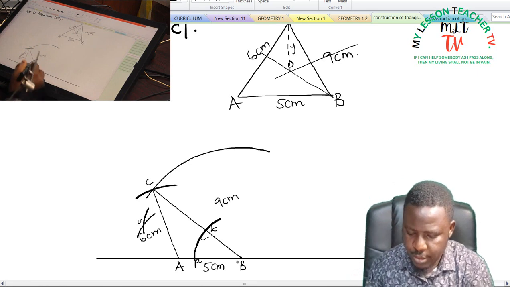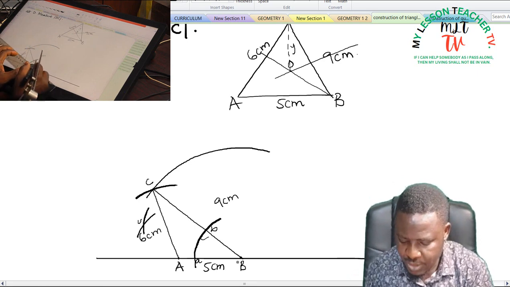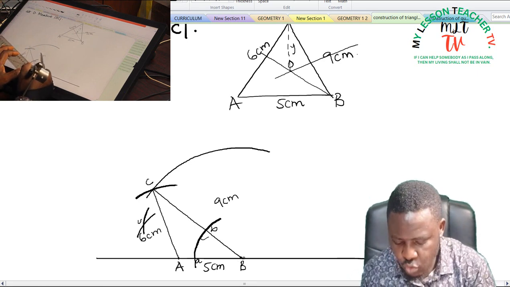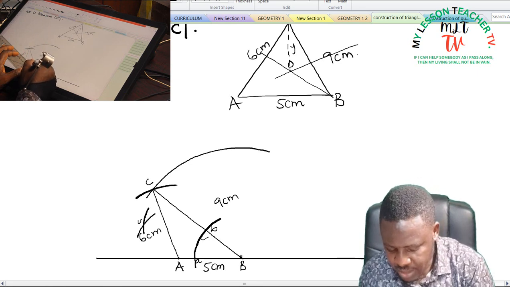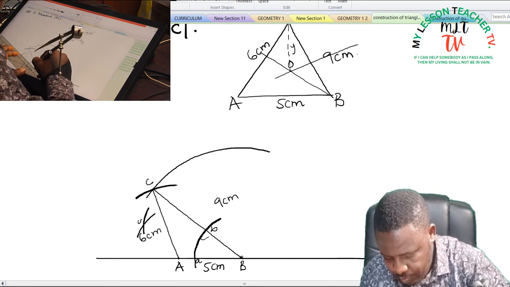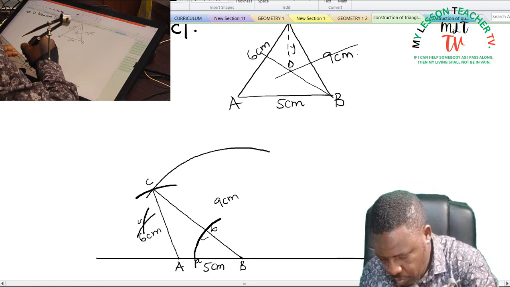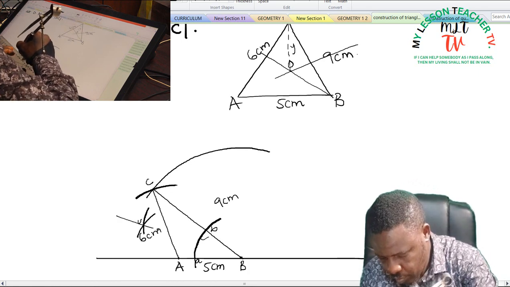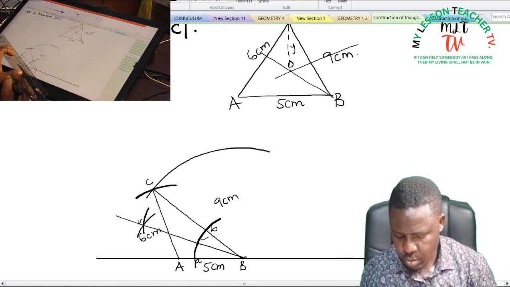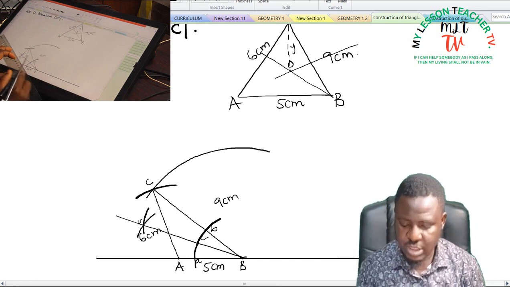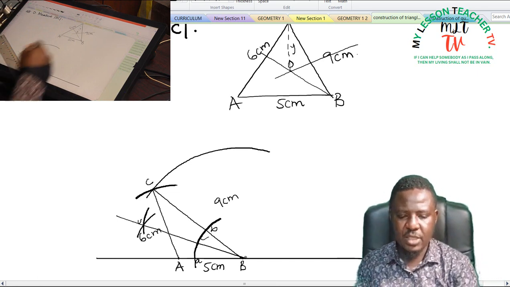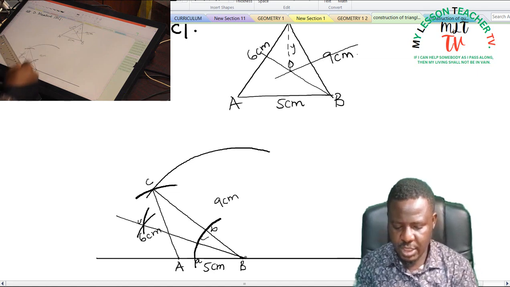You now join capital B and small c. That gives you the bisector of angle B. Okay, it didn't intersect, but let's just assume this is it. Next is for us to bisect BC.